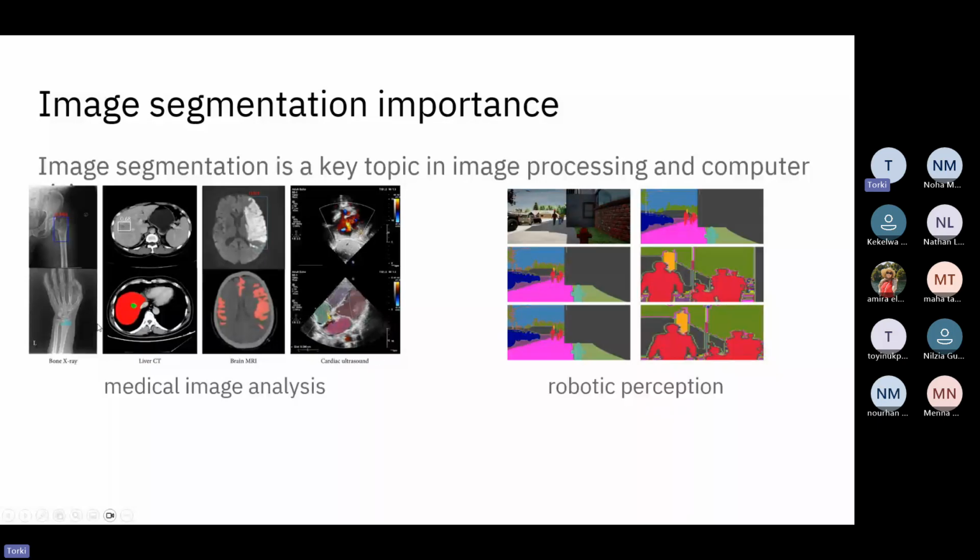And actually, it shows us that segmentation can be applied to different modalities. For example, X-ray is different from CTs, MRIs, or ultrasound. And also, it can be done on RGB images that we can see on the right side of the slide. It is applied on this outdoor scene.